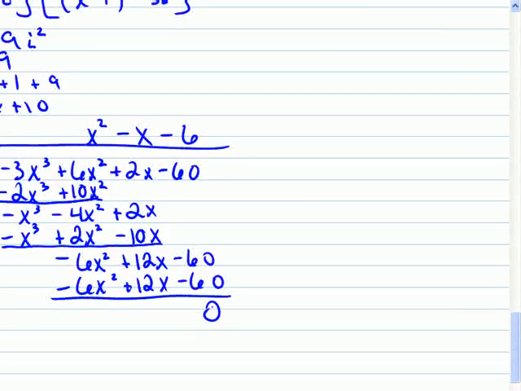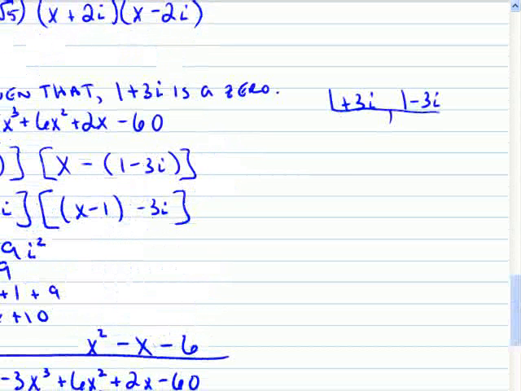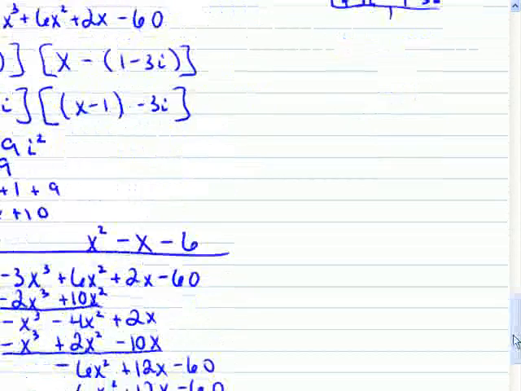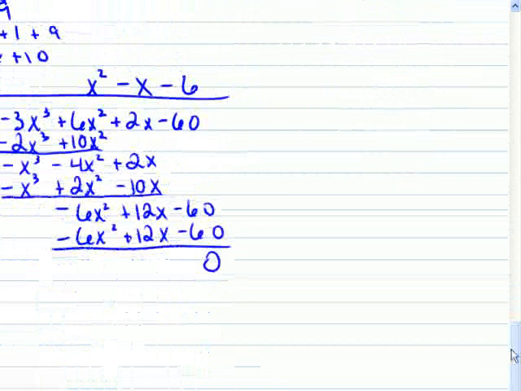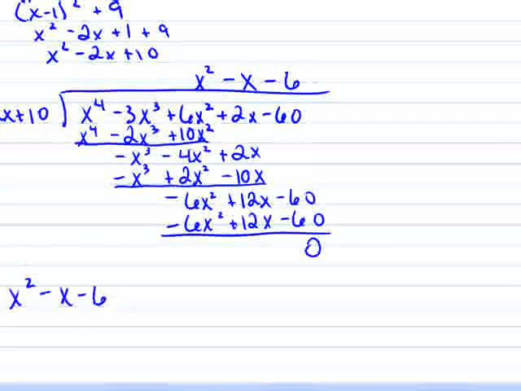Because we already knew that 1 plus 3i and 1 minus 3i were zeros. So it would make sense that when we multiplied them together and divided them into the bigger function, we would come out with a 0 remainder. So what I have left is x squared minus x minus 6.